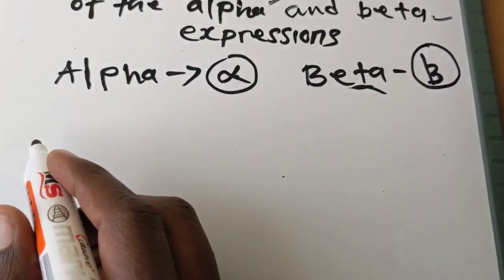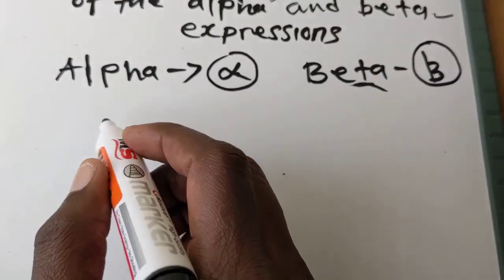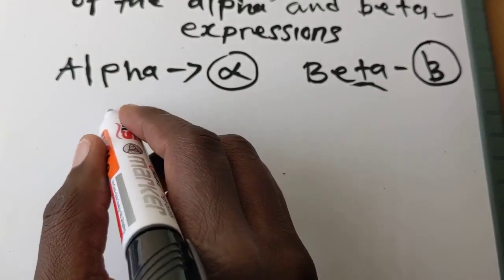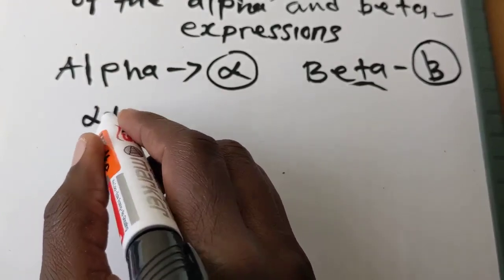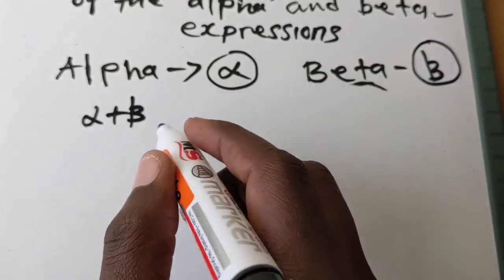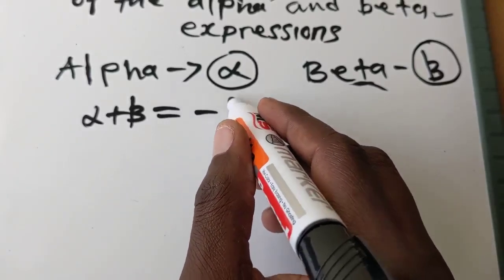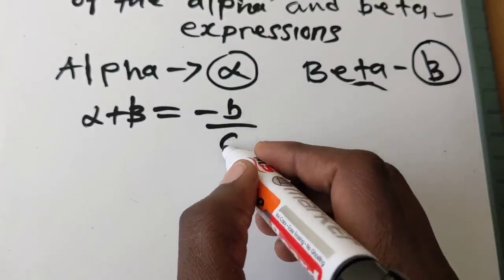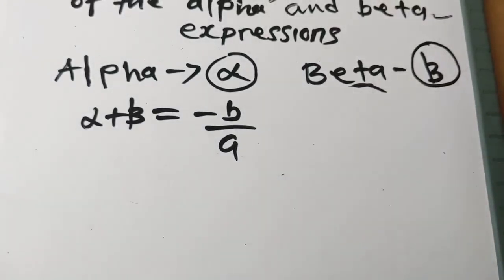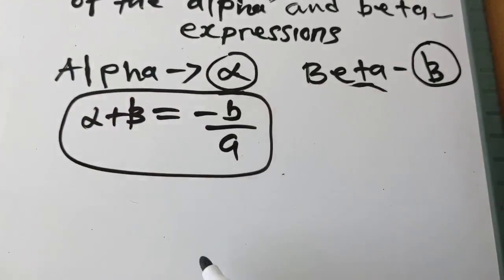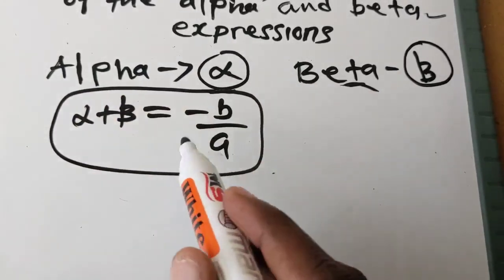So the formula for the sum has to be this: the sum alpha plus beta. Alpha plus beta is equal to negative b over what? Over a. This is the formula. So at the end we should find this formula as the sum.